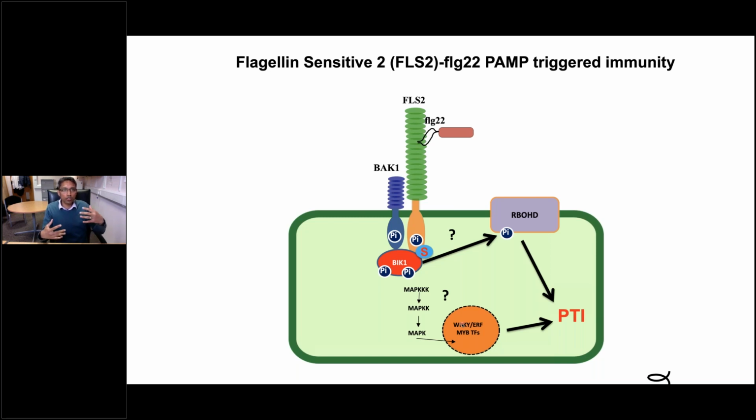If so, is there a SUMO-encoded pathway within PTI that we may be able to unearth? And not only that, can we then use the SUMO system to understand the pinch points within PTI or even ETI in this case? And that's the aim going forward for the lab.